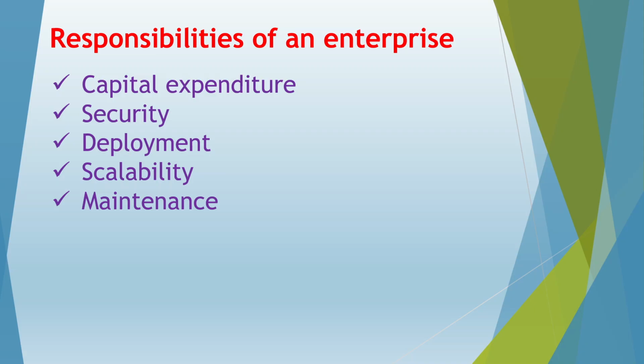Everything will be under the organization's or enterprise's control itself. You can implement a lot of security procedures, or customize your security standards so that your data, the application, or your customers' data will always be secure. That is about security, which will always be under the control of the enterprise.